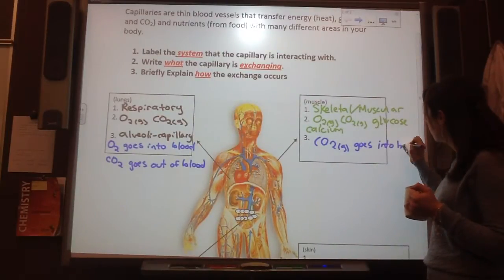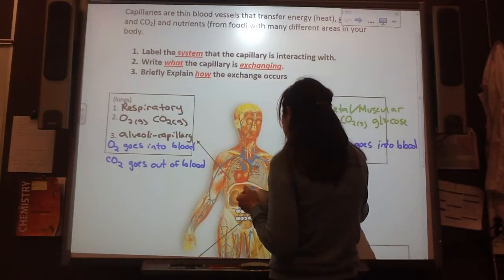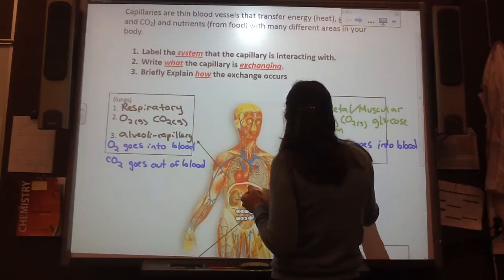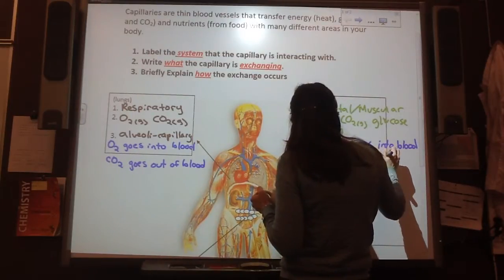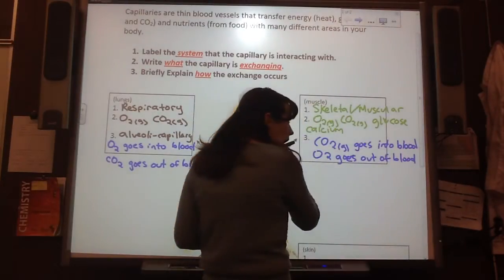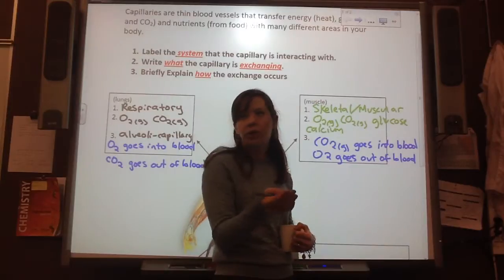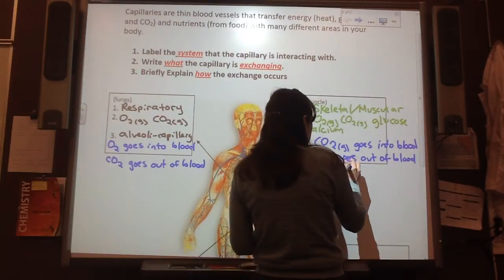So then we have the O2 goes out of the blood and into the muscle. And nutrients would go out of the blood into the muscle too. So we'll just say nutrients to summarize the rest.